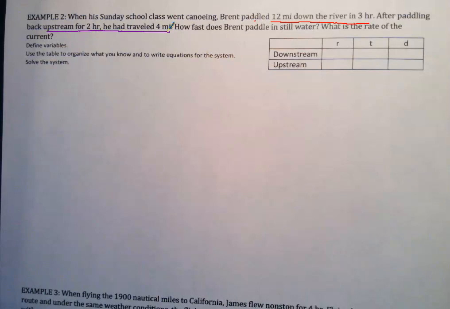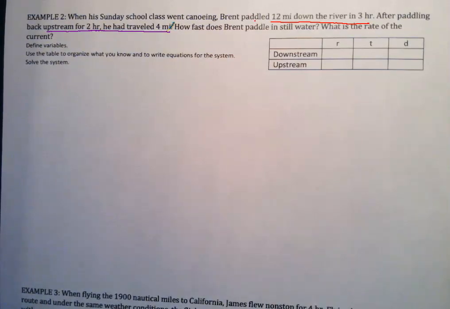All right. So, from what's on the other side, what do we know? Brent paddled 12 miles down the river in 3 hours. Was he going upstream or downstream? If he's downstream, is that the rate plus or the rate minus? The rate plus.